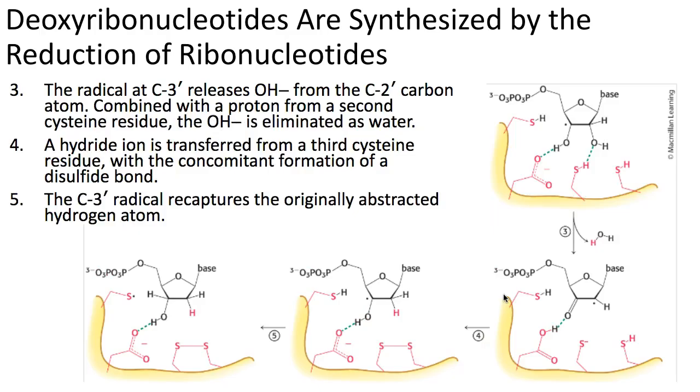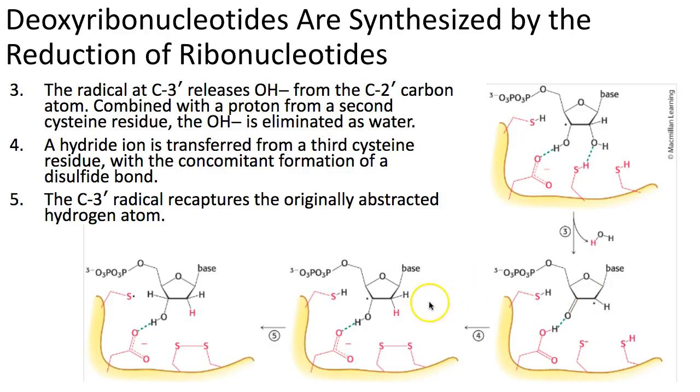And so in step 3, the radical at the C3 releases hydroxide, and you'll see that the hydroxide is from the carbon 2 that is going to end up being released, and it actually picks up this hydrogen from the cysteine residue to ultimately release water. And so now that carbon 2 now picks up that radical.